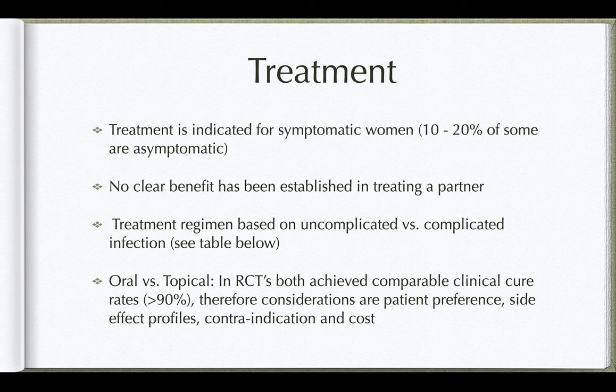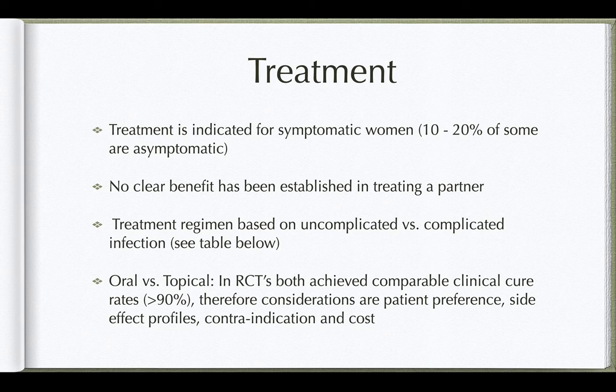Treatment regimens can be based on an uncomplicated or a complicated type of infection. There are multiple varieties of oral and topical agents available over the counter, and in randomized controlled trials, both oral and topical agents have achieved comparable clinical cure rates of more than 90%, and therefore other considerations should be taken into account, such as patient preference.